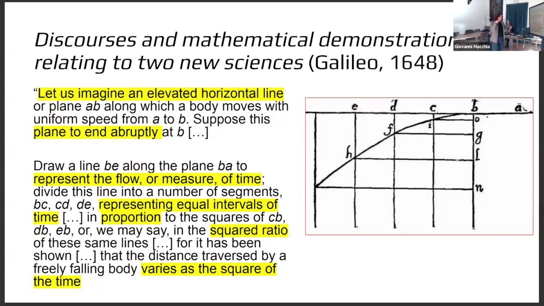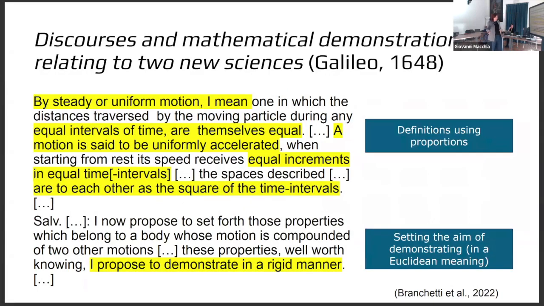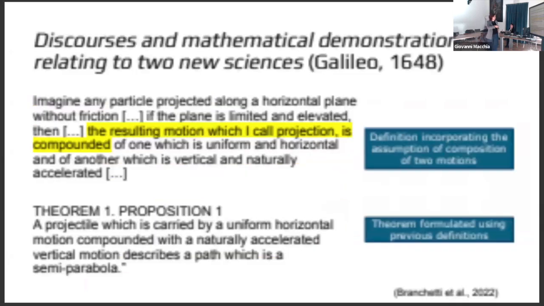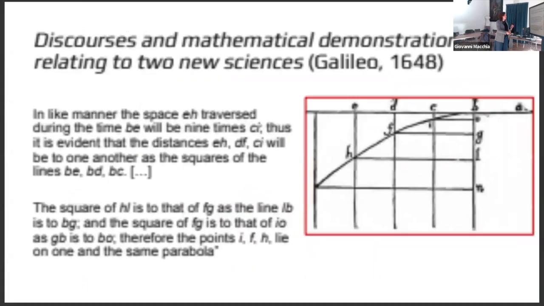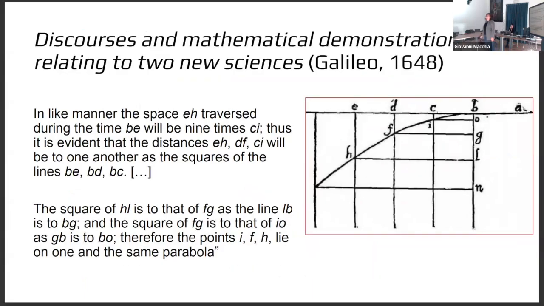Okay, so the proof is a completely Euclidean proof, but as Archimedes had already done in the past, some of the theorems were not geometrical theorems, but were theorems coming from a kind of experimental setting. Okay. So now you can be convinced, since you trust me, I am a mathematician, so you would never complain, that we proved that the trajectory is a semi-parabola, so an arc of a parabola.